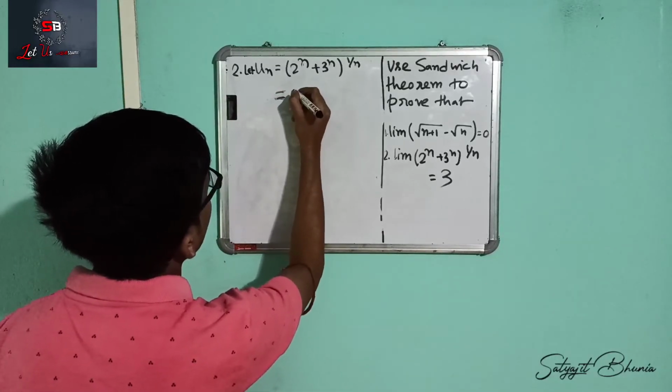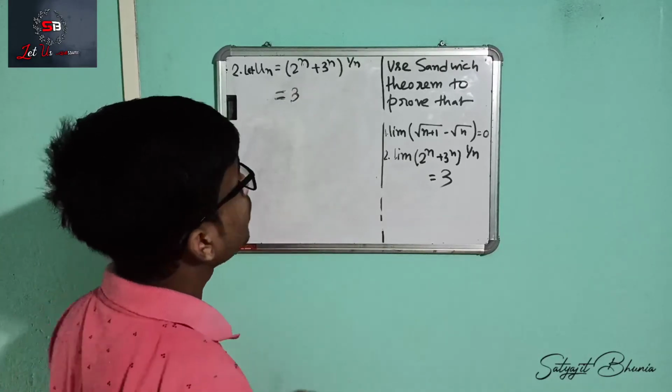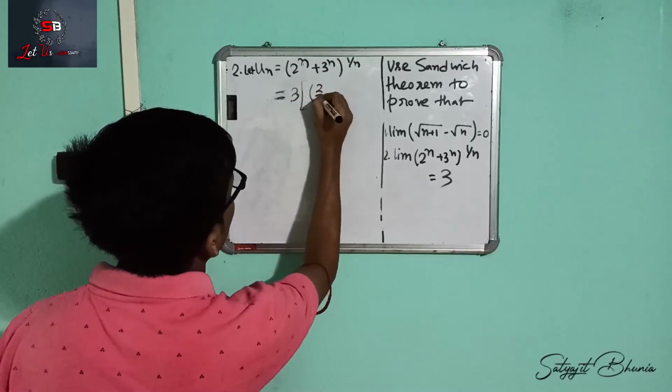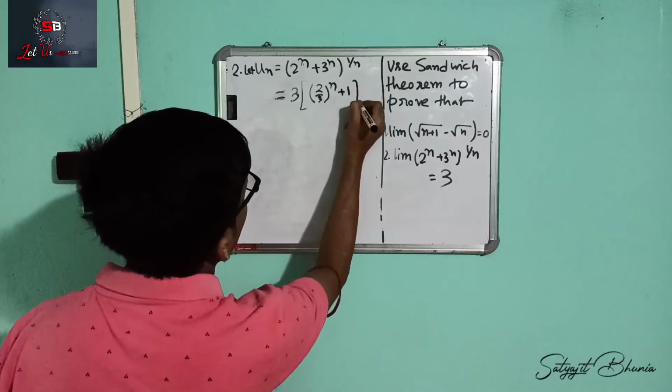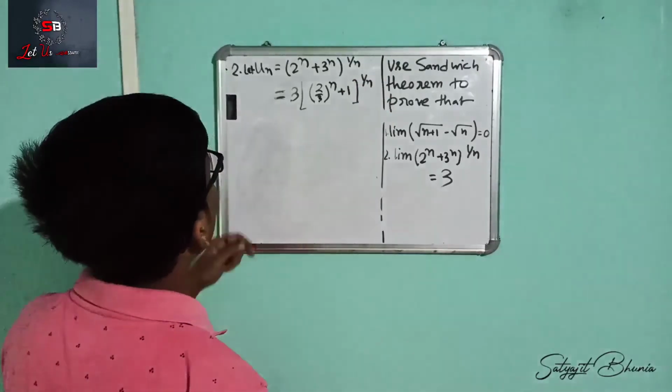So we can write this, taking 3 to the power n common, as 3 into (2 by 3 whole to the power n plus 1) whole to the power 1 by n. Okay, this is the un.